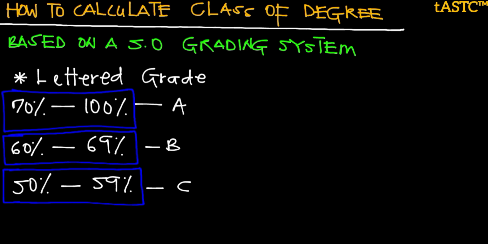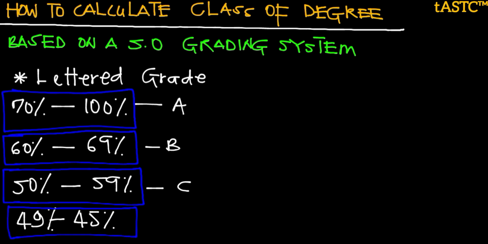Now you could also have a D. In order to find a D, you would need to have a performance or a range of scores between 49 to 45. So if you got this, then this would get you a D for that course. Now any other thing below this would earn you an F in my school.